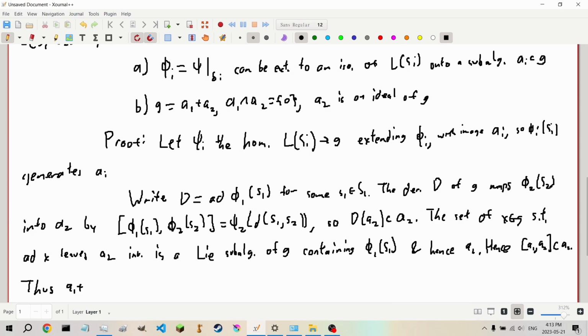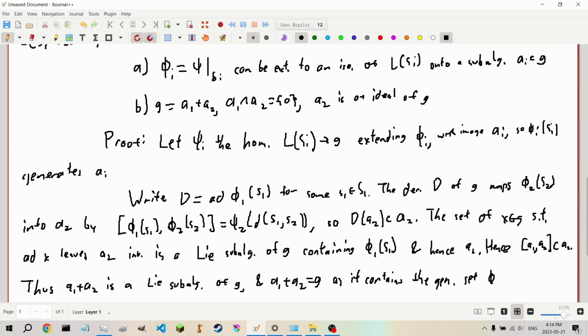Thus A1 plus A2 is a Lie subalgebra of G, and A1 plus A2 equals G as it contains the generating set phi1 of S1 union phi2 of S2.